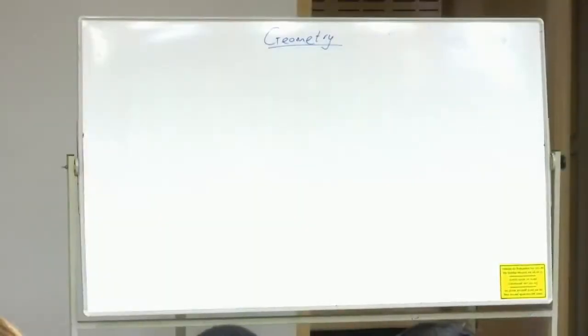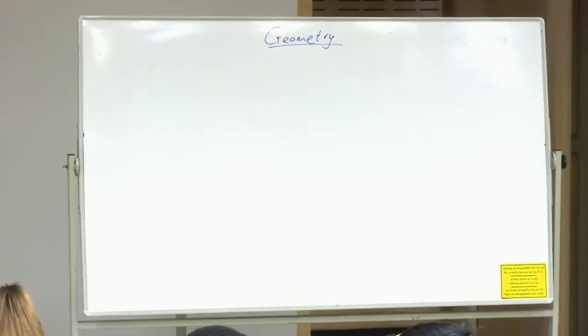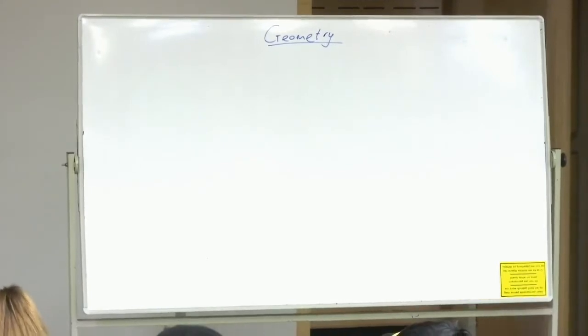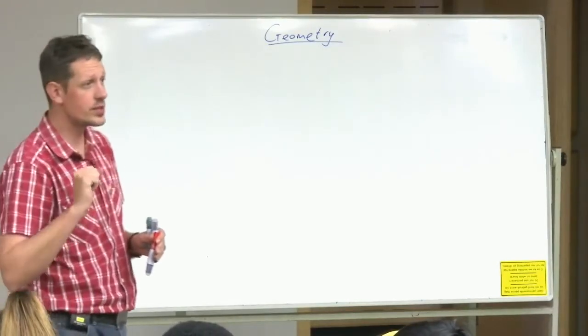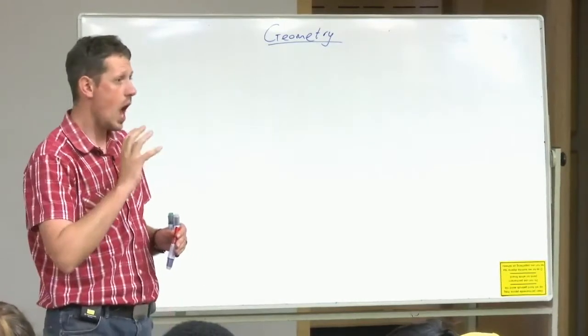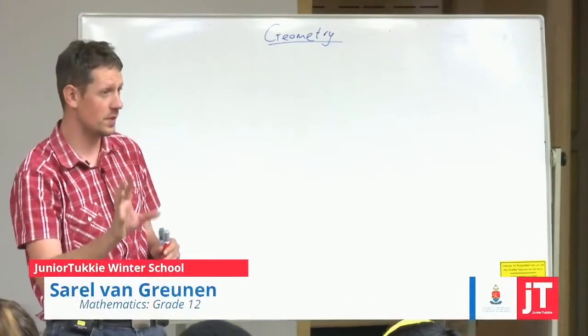Ladies and gents, let's try and get our toolbox organized. You have 6 sections in grade 8 to 11 geometry. 6 sections. And each of these 6 sections has its own special things.